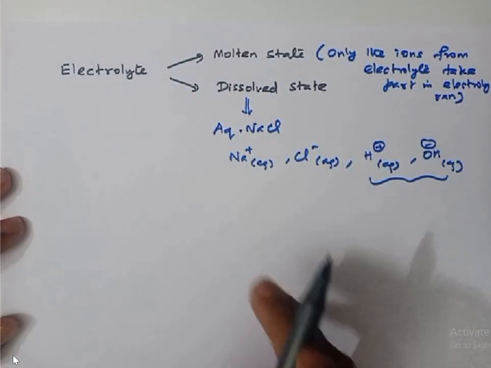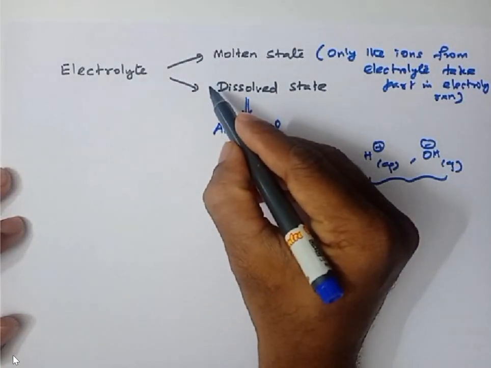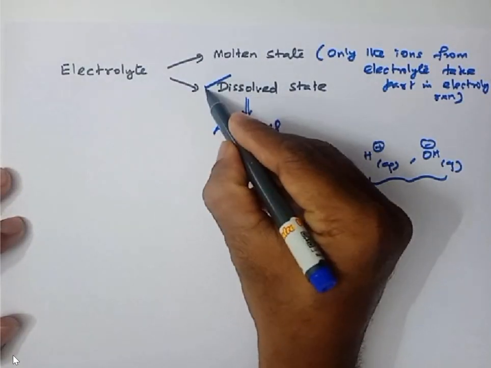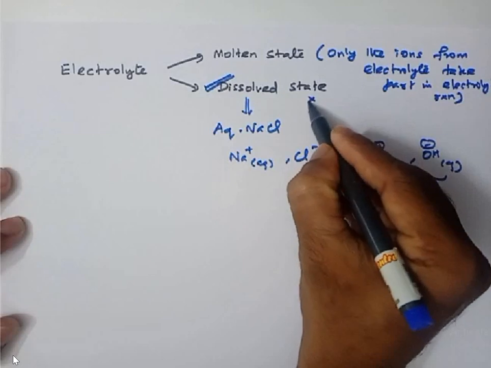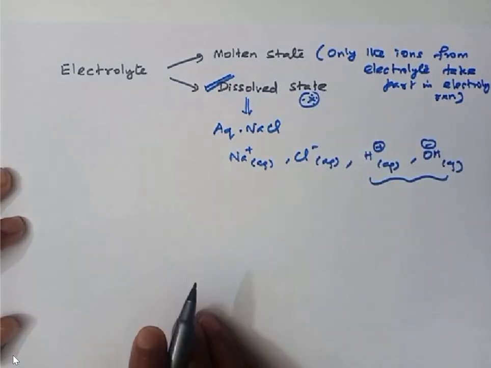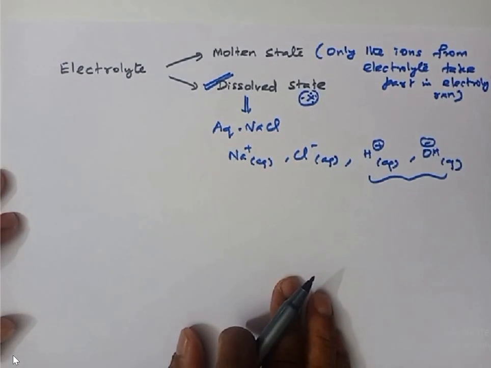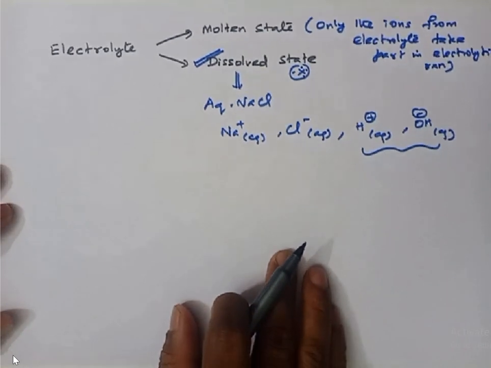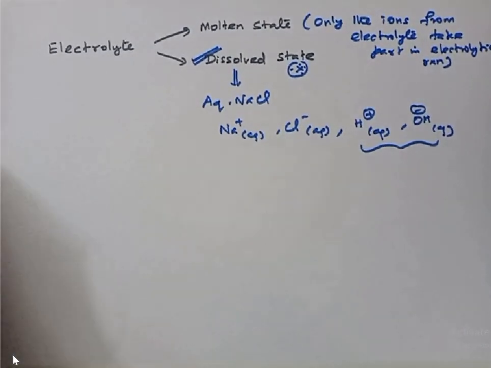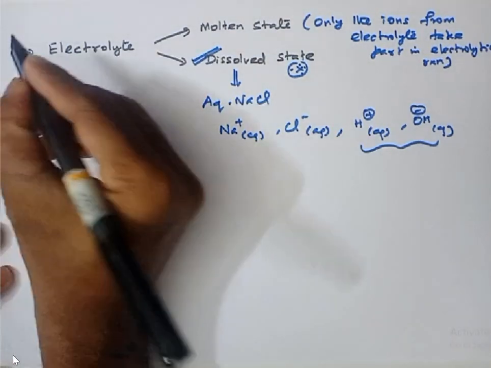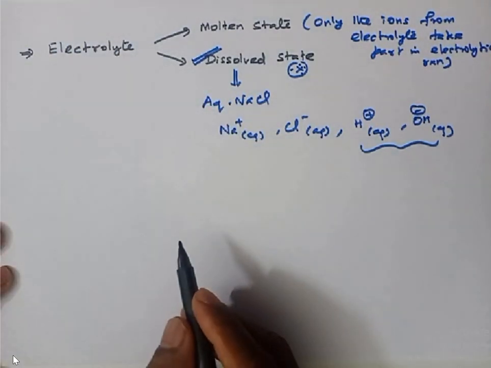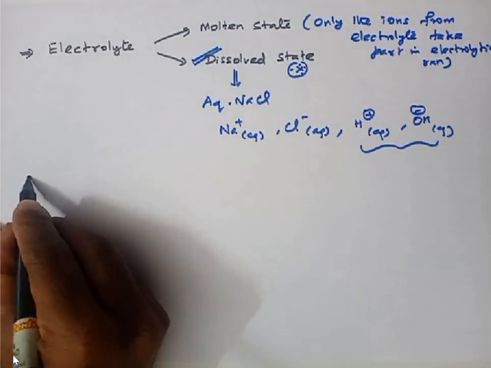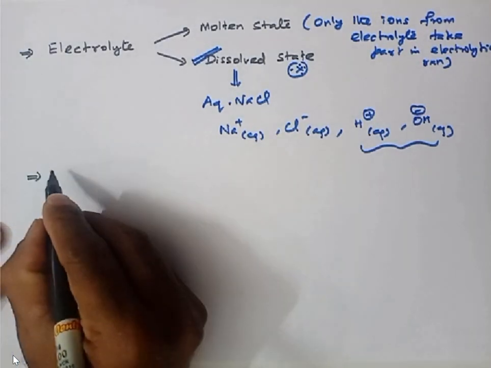So whenever the electrolyte is given in the dissolved state, you should be a little careful in predicting the product of electrolysis, right? I'll explain this by using water as solvent.